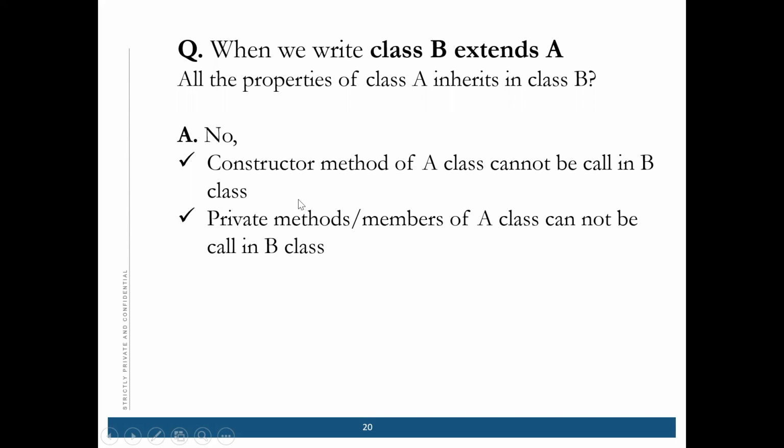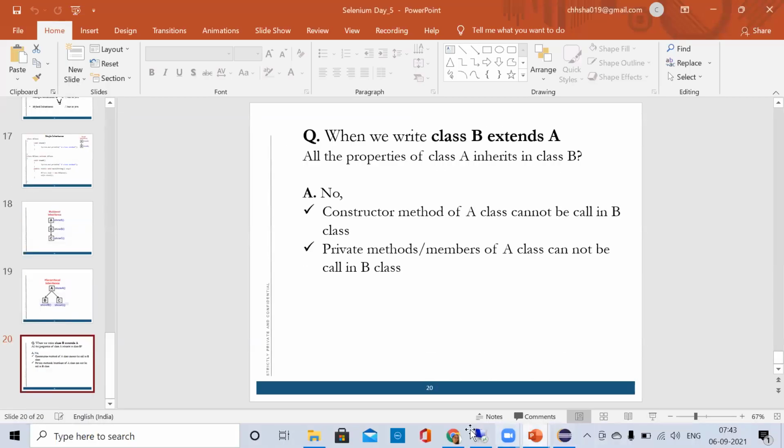If A has a constructor, that cannot be called in B. And private methods: suppose instead of public, you have written some private methods or private variables, those also you cannot inherit in class B. So these are the two points which you have to remember: while inheriting the properties, you cannot inherit private methods and constructors. So this is all about inheritance.